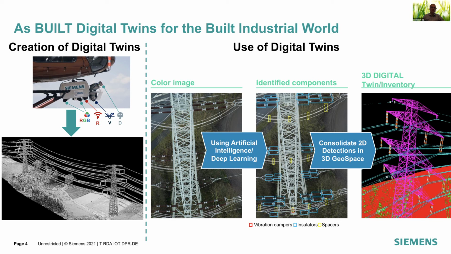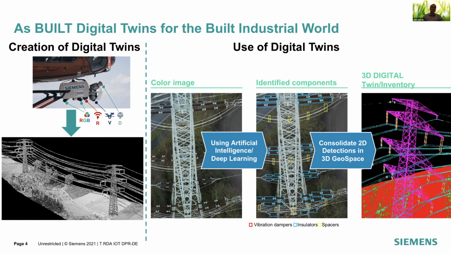The second aspect is the use of the digital twin. How do we make use of the data we acquire? How do we go from these color images to detection of the assets, and in the end, inventorying of these assets on the 3D models using this 3D geospatial data?